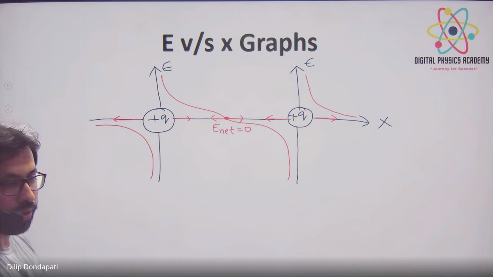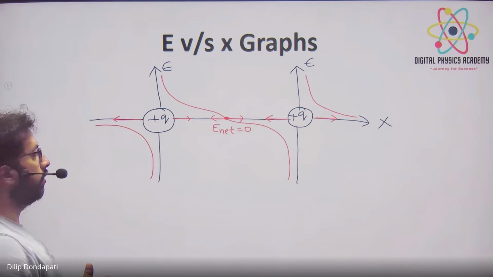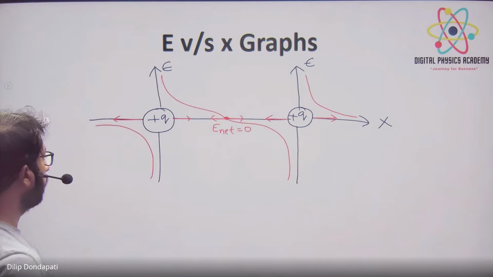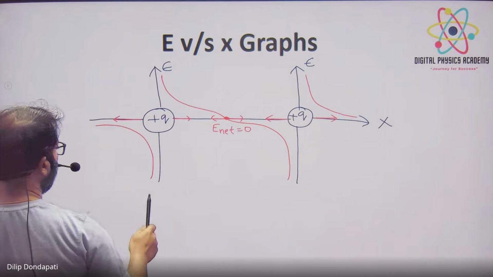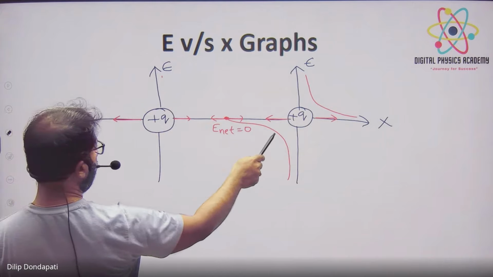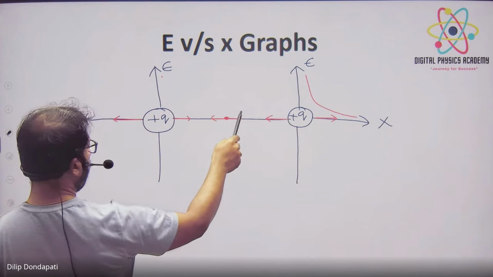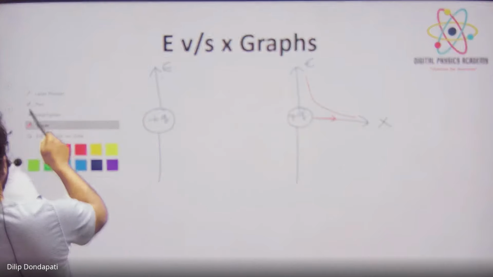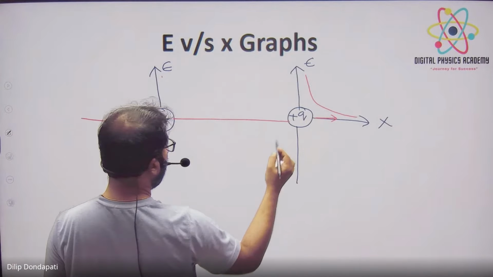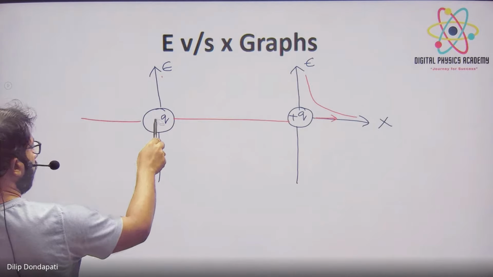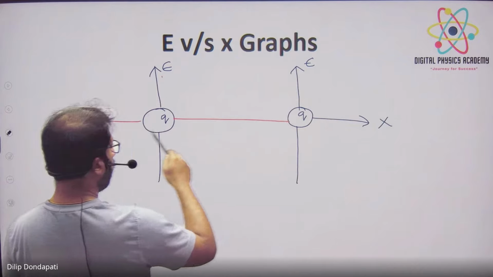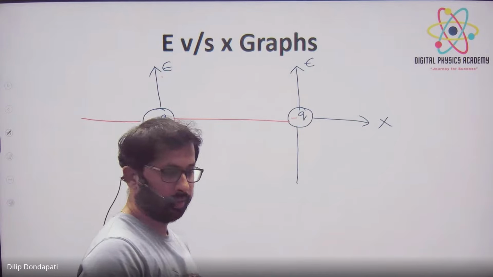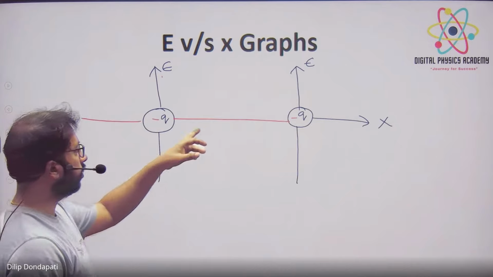Okay, now the same thing, draw for minus q, minus q. So here also the field will be zero in between, yes.